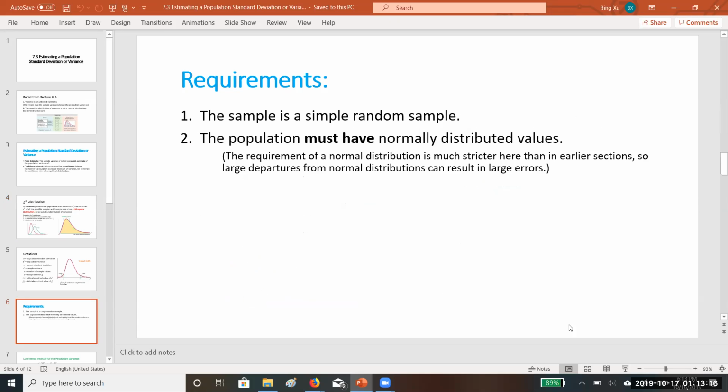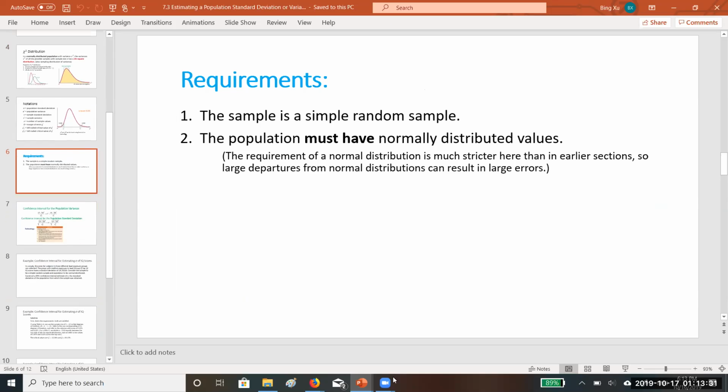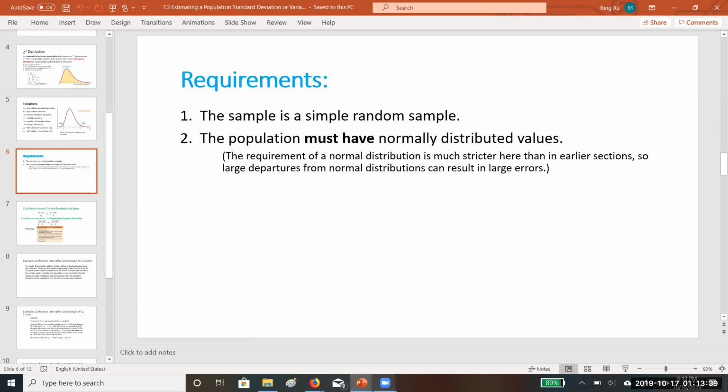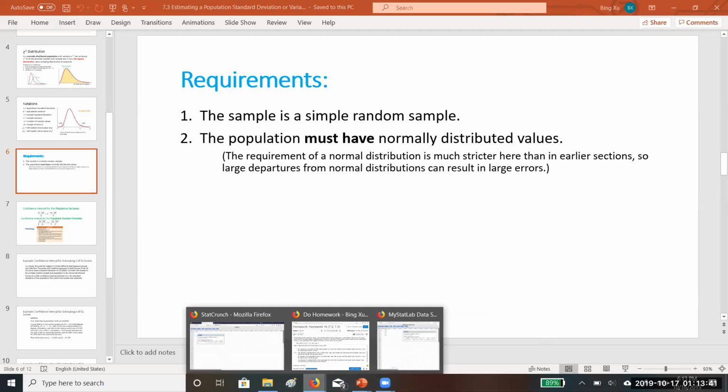Some requirements: the sample needs to be a simple random sample, and the population must be normally distributed. So this is kind of a strict requirement. Well, let's just look at one. That's pretty much everything we need to know about estimating a population variance or standard deviation.